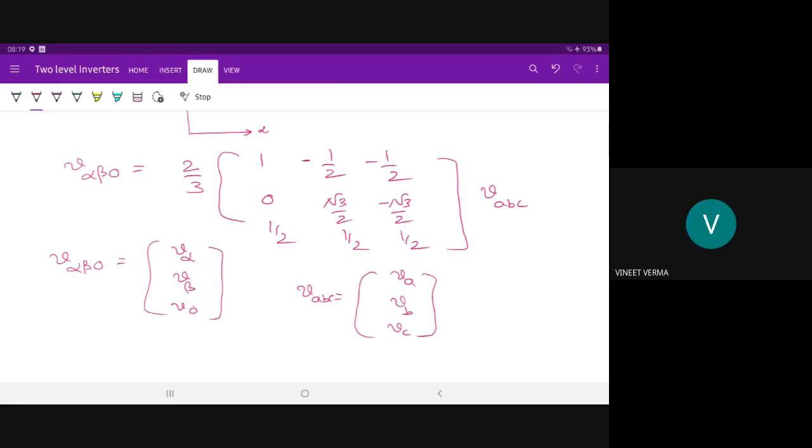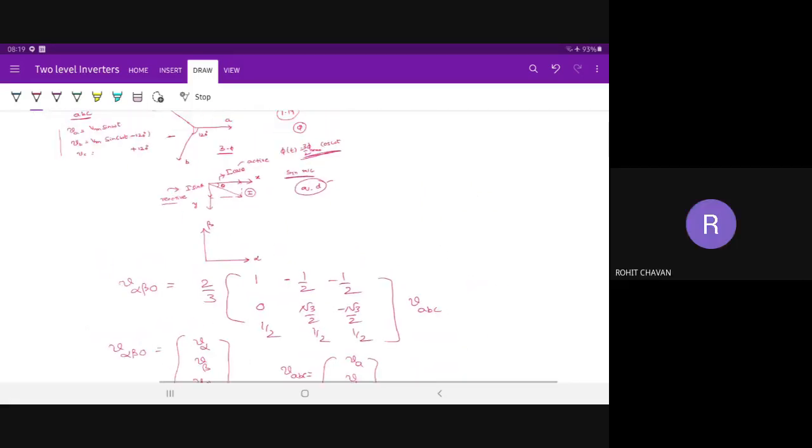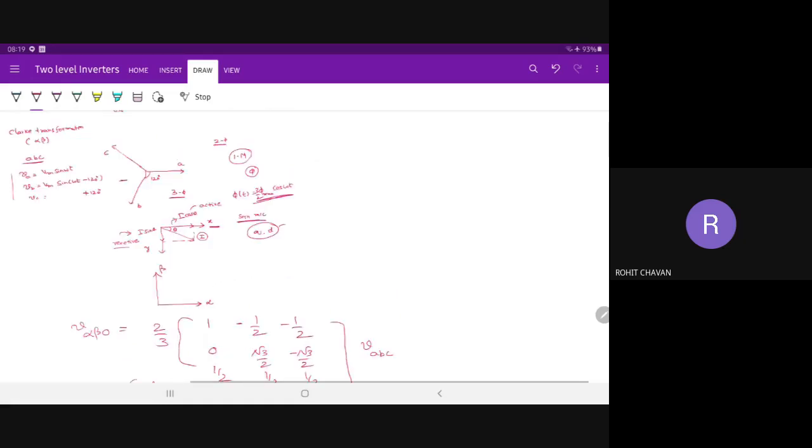Sir, how do we get this matrix? Any component can be divided into two terms based on the angle. When dividing along the x-axis, this is I cos theta. Similarly for the other axis. For example, this is the one we want to create, and this angle is theta.